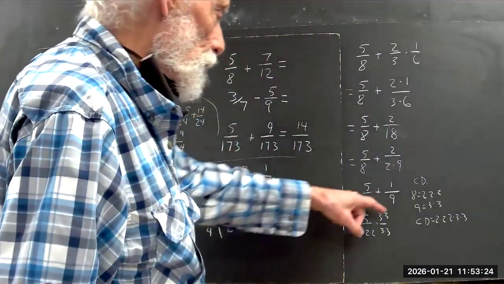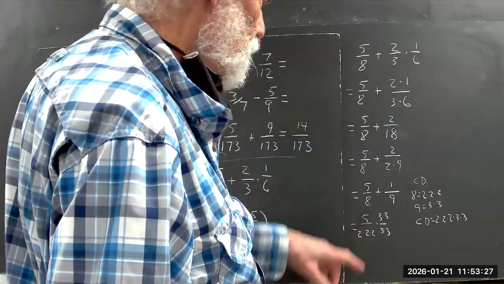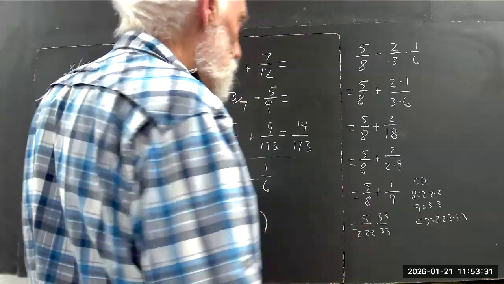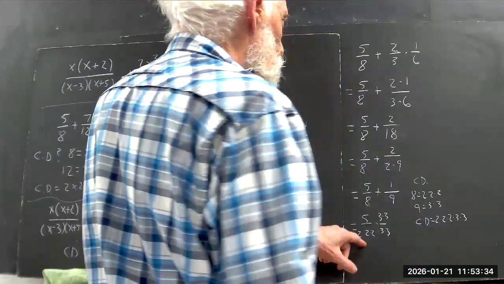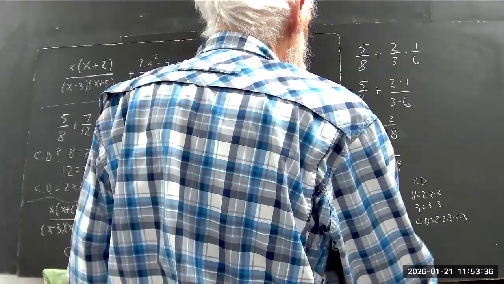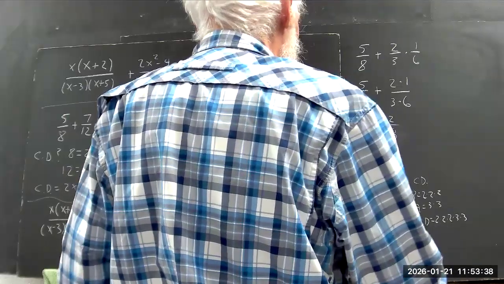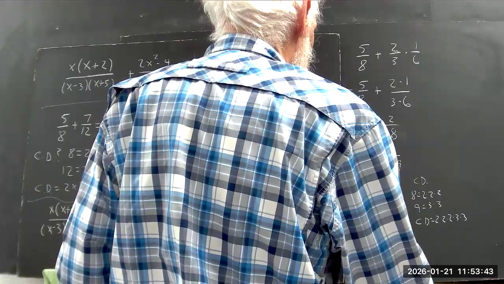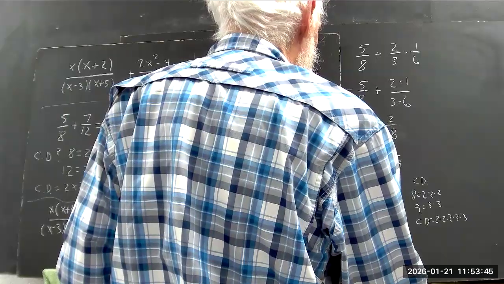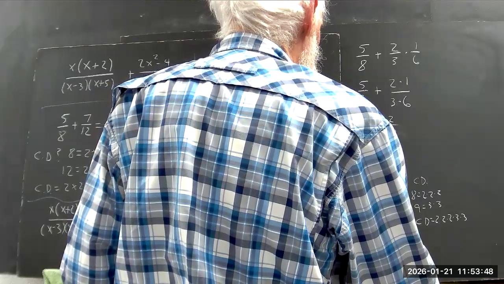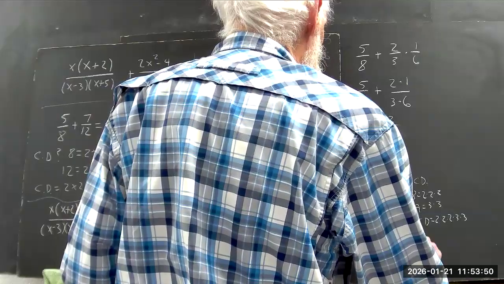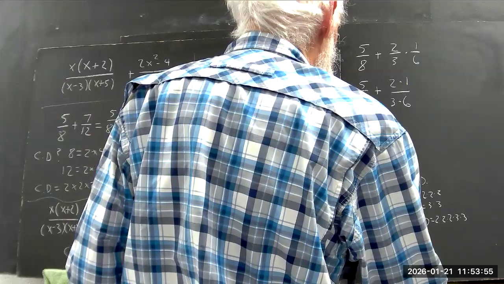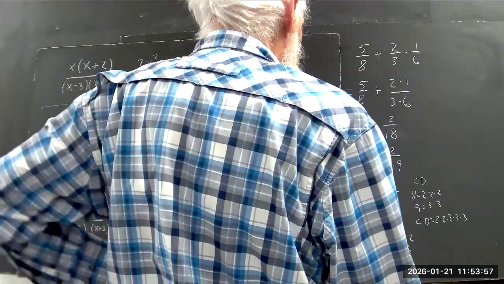And I'm going to multiply that by 3 times 3 over 3 times 3, which gives us a numerator of 5 times 3 times 3. Denominator of 2 times 2 times 2 times 3 times 3. I don't have room to write my 1/9. It's 1 over 3 times 3 multiplied by 2 times 2 times 2 over 2 times 2 times 2.